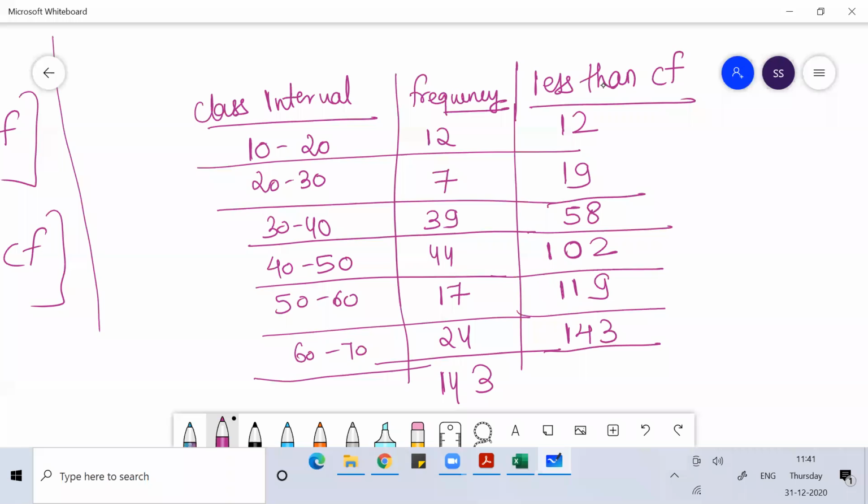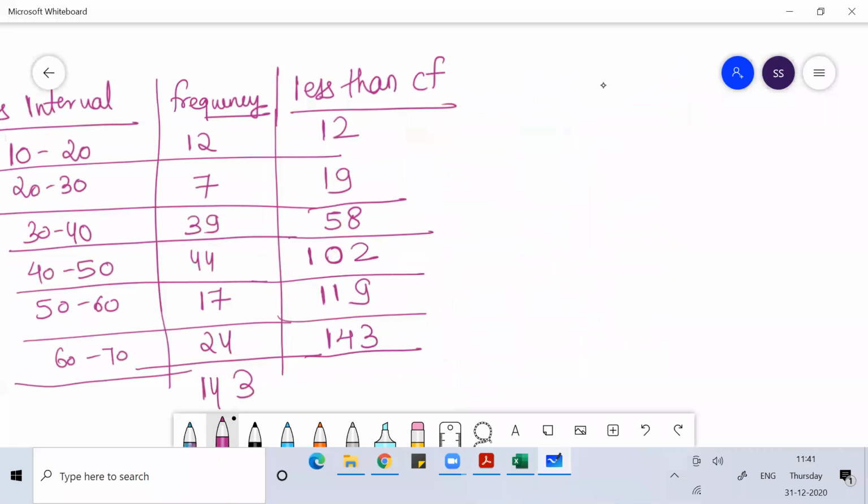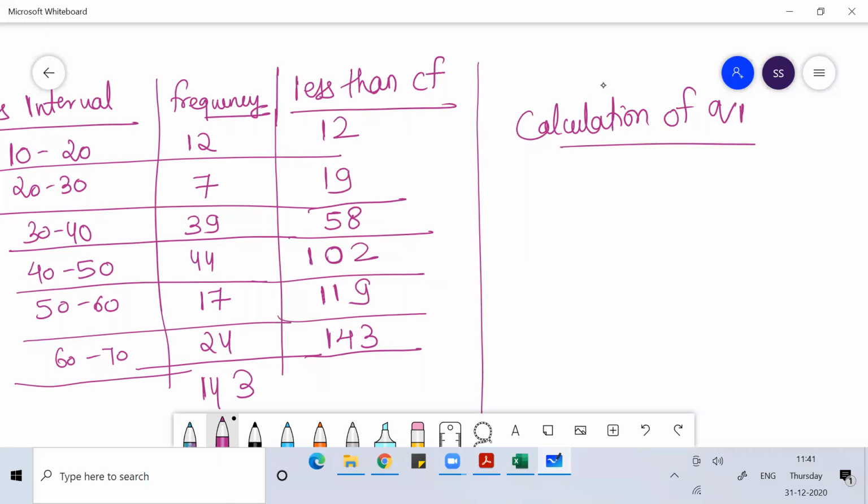Fine. So once you get this, now if I want quartile 1, the calculation of quartile 1.